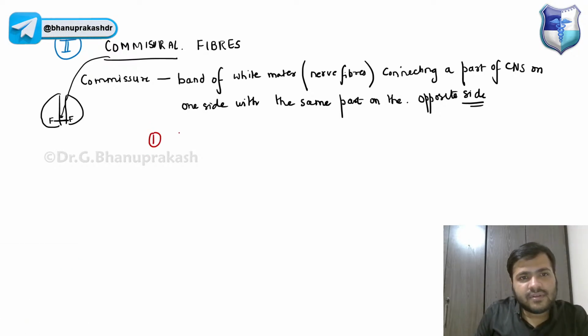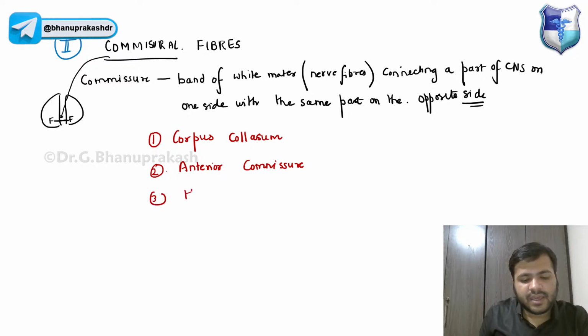The very first one, we have corpus callosum, right? It is the main one, guys. The others are additional ones that you have to remember. We have the anterior commissure. Now we have the hippocampal commissure.